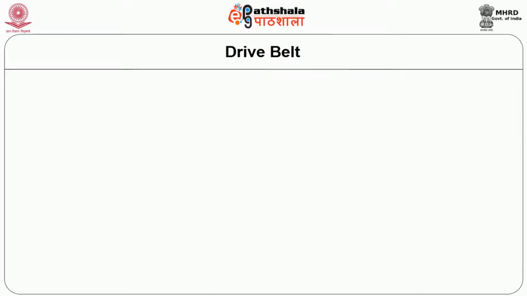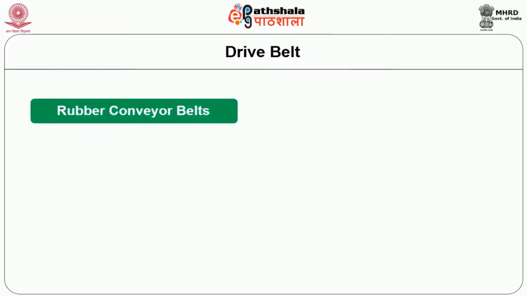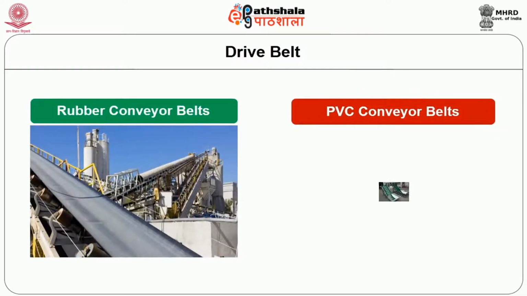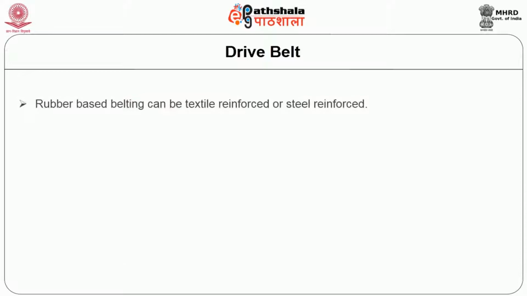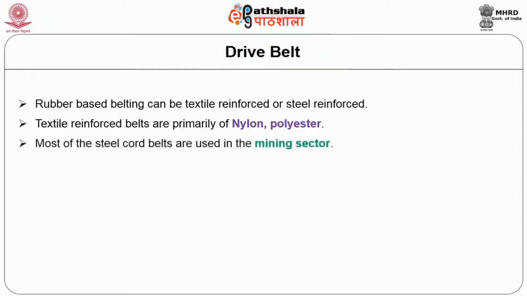Conveyor belts can be classified as rubber conveyor belts and PVC conveyor belts. Rubber-based belting can be textile reinforced or steel reinforced. Textile reinforced are primarily of nylon, polyester. Most of the steel cord belts are used in the mining sector.